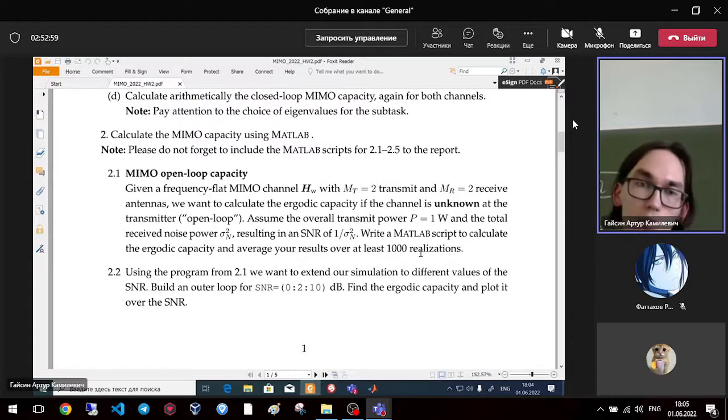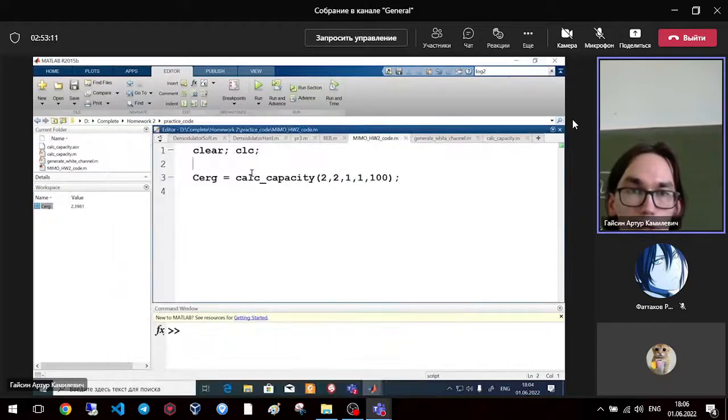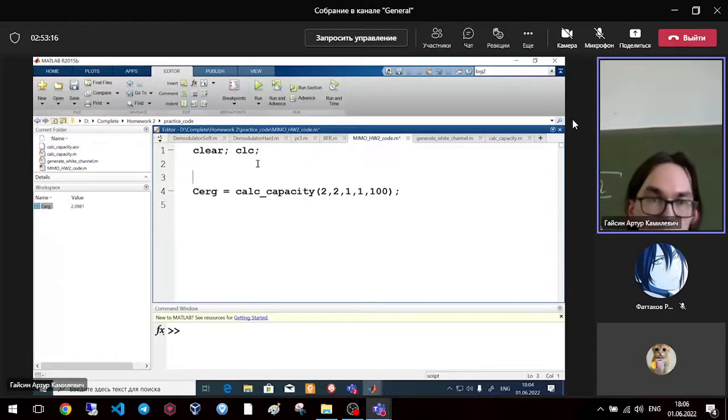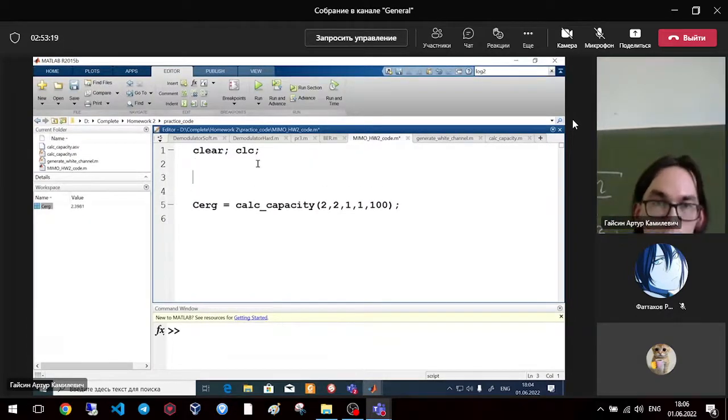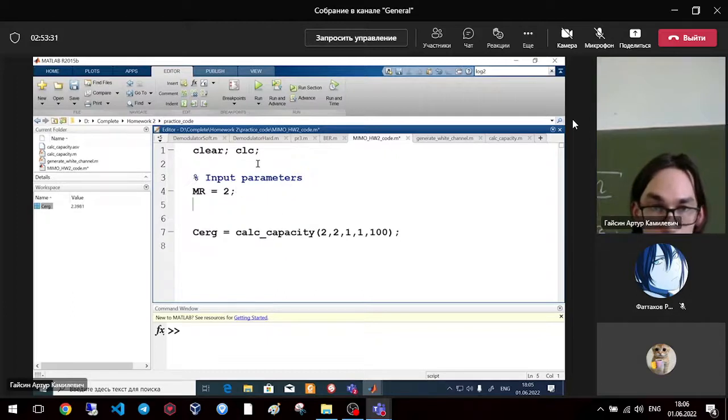Maybe let me show you what we should do next. For example, so we use this program, but we add this signal to noise ratio value. You can see that we have these values MR and T. So it is something like parameters. For example, number of receive antennas is equal to 2. Number of transmit antennas is equal to 2.